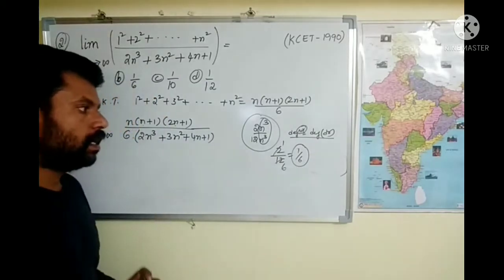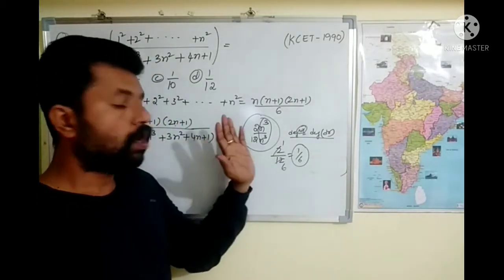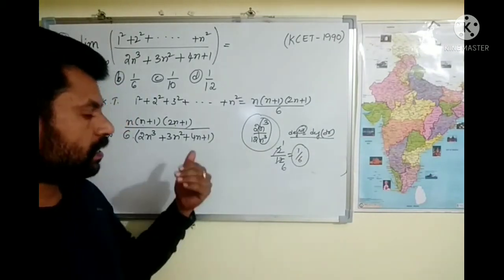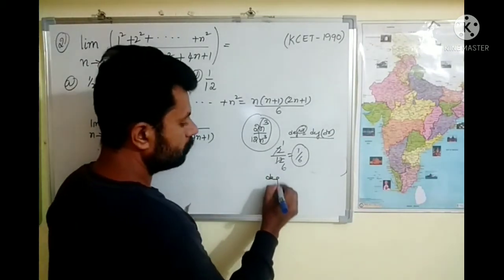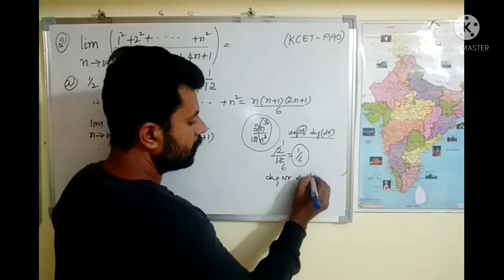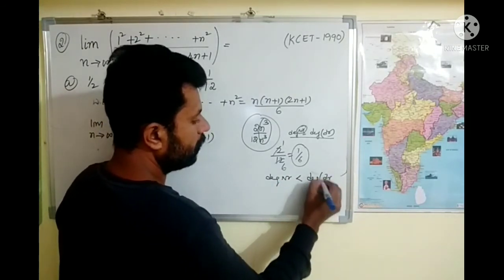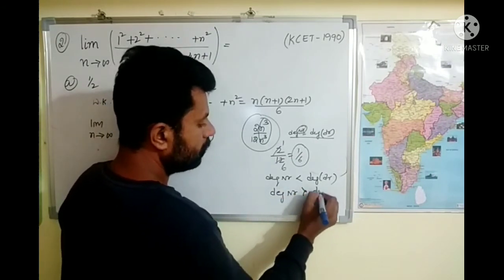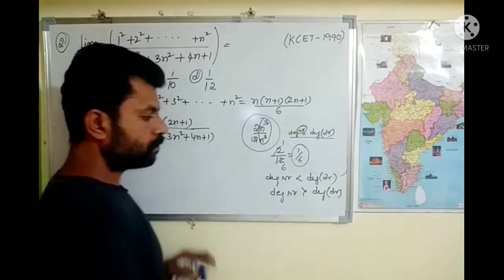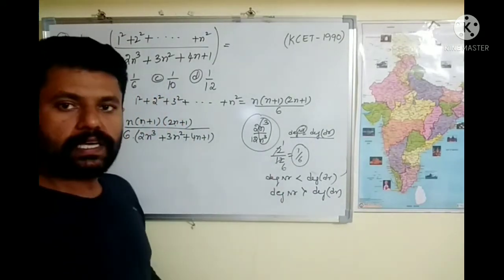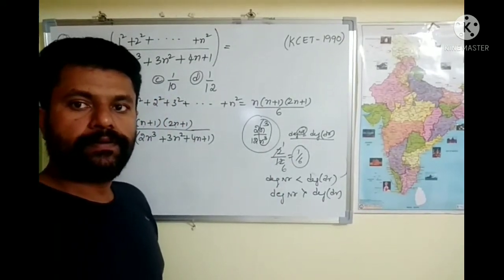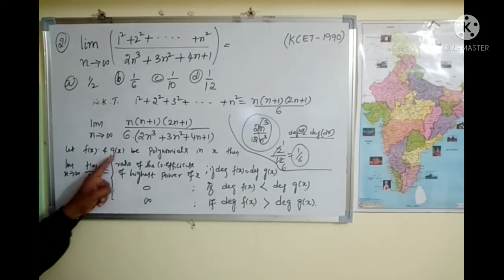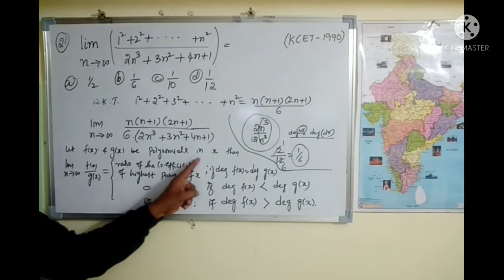So in this result, the degrees are the same. Suppose the degree of the numerator is less than the degree of the denominator. Another case is when the degree of the numerator is greater than the degree of the denominator. I explain the general expression. Let f of x and g of x be polynomials in x.